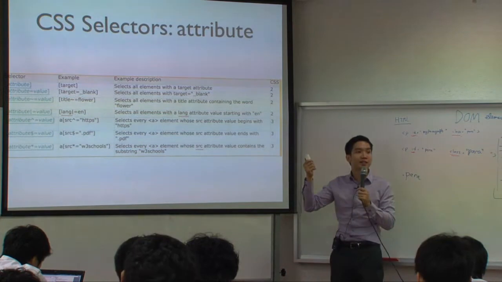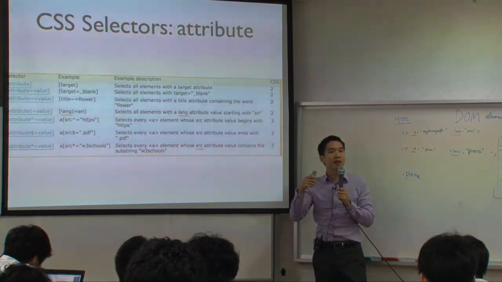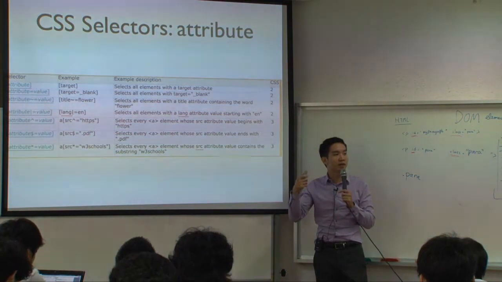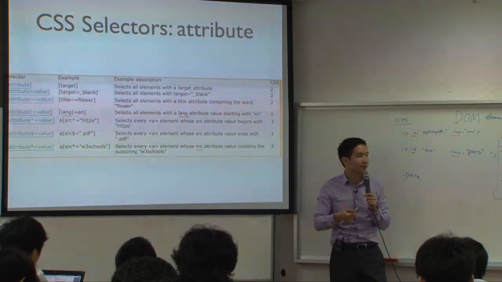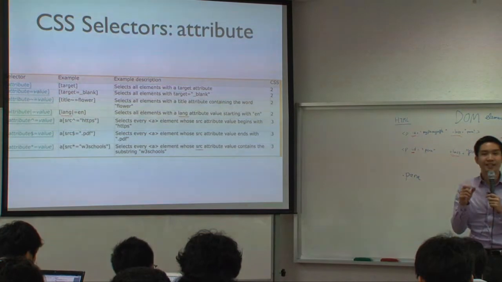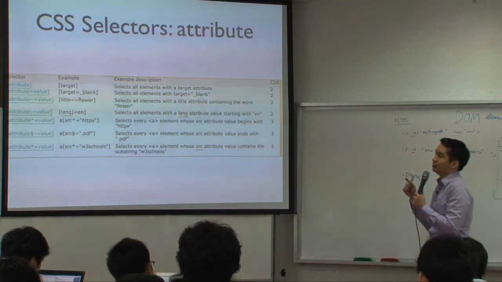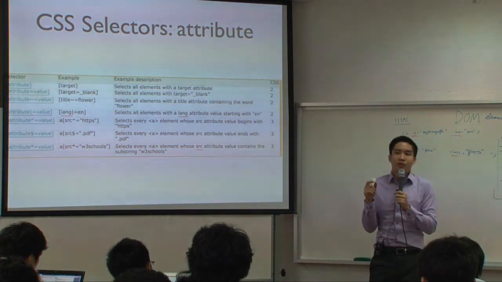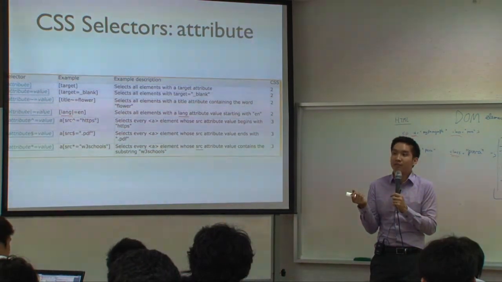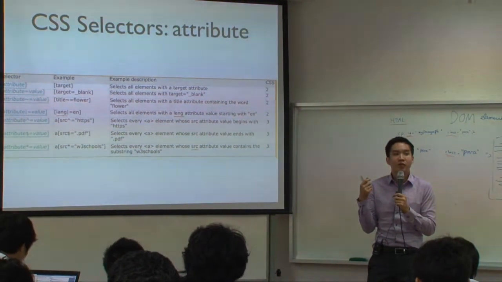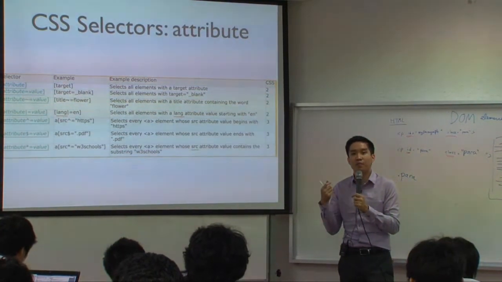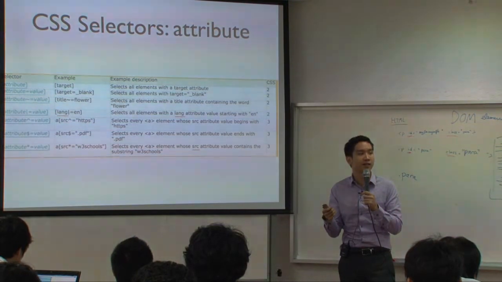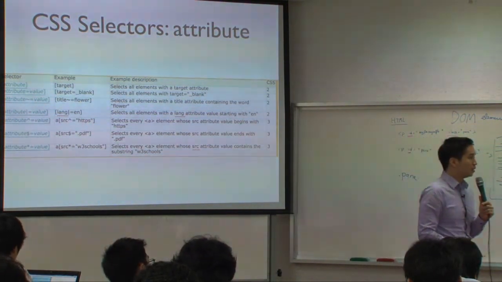Because on the final exam, I think we'll have a few problems at least to test your understanding of CSS selectors. CSS selectors are extremely important when it comes to web development. You have to use them not only in CSS, but also when you use jQuery, for example. jQuery is a JavaScript library.